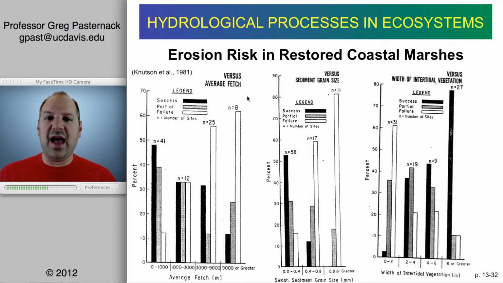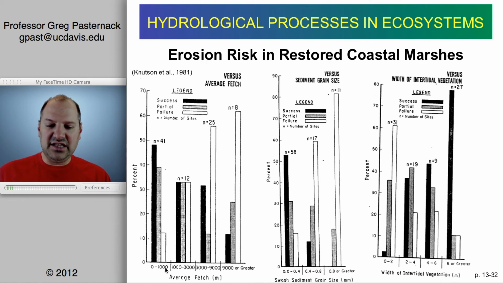The larger the fetch, the higher the waves. The second thing is sediment grain size. Coarser material is going to be harder to erode than fine sediment. And the third thing is the width of that area, meaning from the front shoreline back into the back of the wetland. You can imagine that the thicker that is, the more buffering there is, and those distal areas in the back will be more protected, whereas if everything is right up against where the waves are, there's more risk.